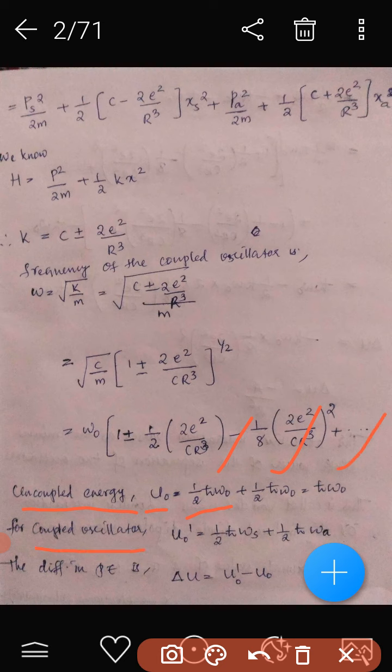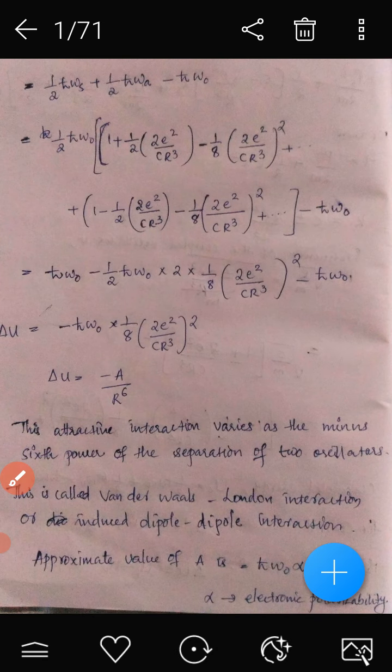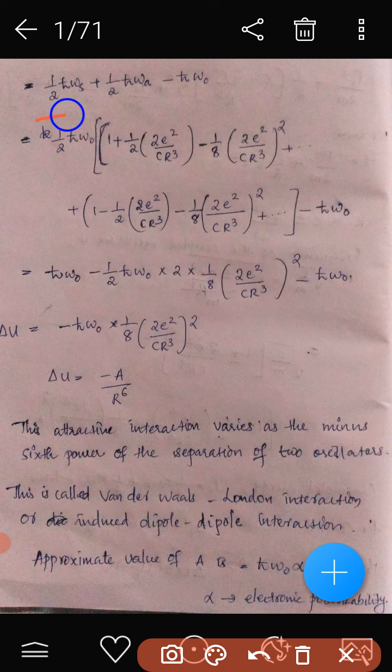And for the coupled oscillator, U0 prime is equal to half h cross omega s plus half h cross omega a, where omega s corresponds to symmetric displacement and omega a corresponds to asymmetric displacement. Therefore the difference in potential energy is delta U equal to U0 prime minus U0, that is half h cross omega s plus half h cross omega a minus h cross omega 0.